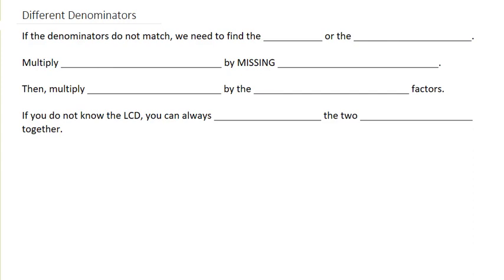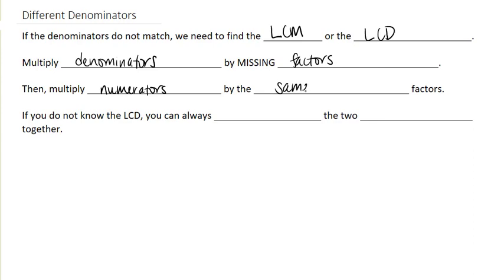Different denominators. If the denominators do not match, we need to find the least common multiple, or least common denominator. How we do this is we multiply the denominators by missing factors, and then we multiply the numerators by the same factors, so we have the same value of the fraction.